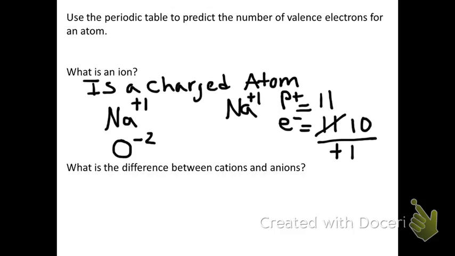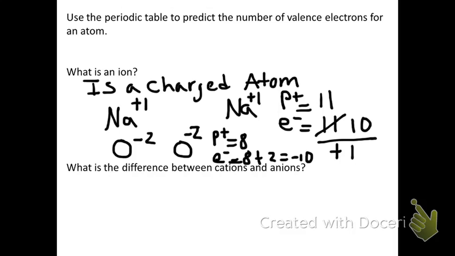Now, if you look at oxygen, on the other hand, oxygen has 8 protons and it has 8 electrons in a neutral atom. But what if you gain 2 electrons? That would give us 2 additional negative charges, or a total of 10 electrons. So 10 negative charges plus 8 positive is going to give you a -2 charge, okay, on the ion.